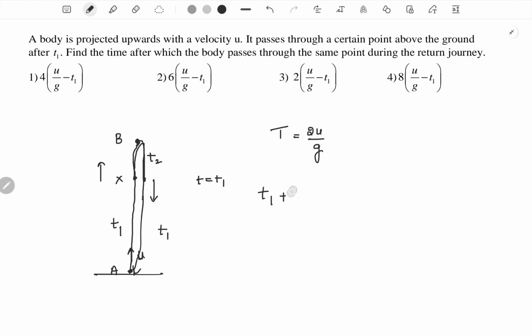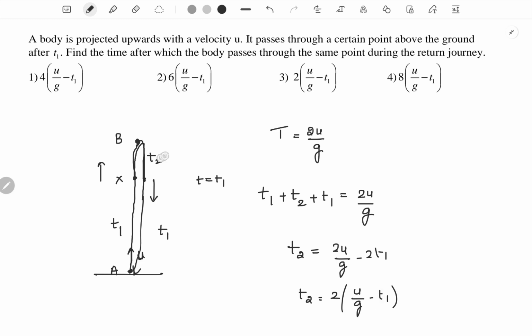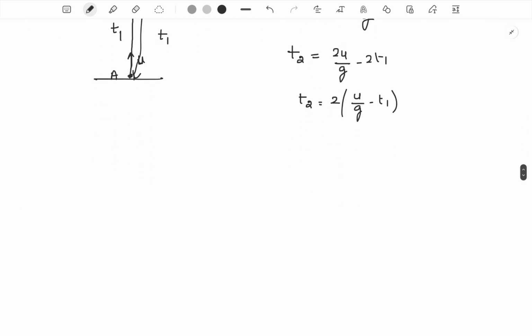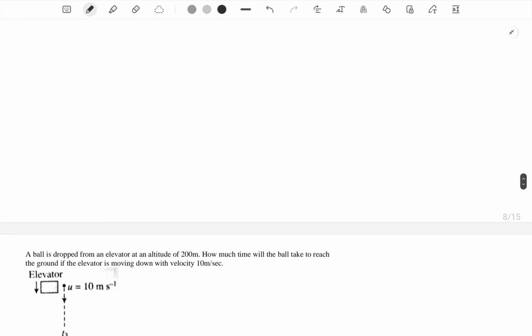So we can write t1 plus t2 plus t1 is equal to the total time of flight, which is 2u by g, or I can write t2 is equal to 2u by g minus 2t1, or t2 is equal to 2 times u by g minus t1. So if it crosses x at this particular instant of time, it would cross the same point x during its downward motion after that much time. Okay, let's go through the next problem.